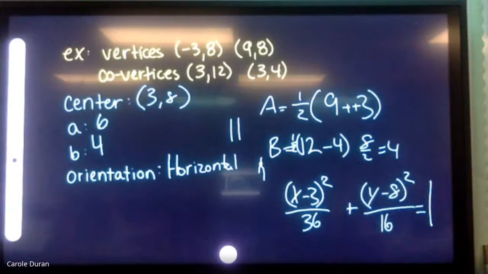Where else did we find confusion or mess up? This is a learning experience, so I'd love to know where we had issues. Nobody? How many of you feel confident that if I gave you another one of these, you could do it? Those of you who don't feel confident, why don't you feel confident?